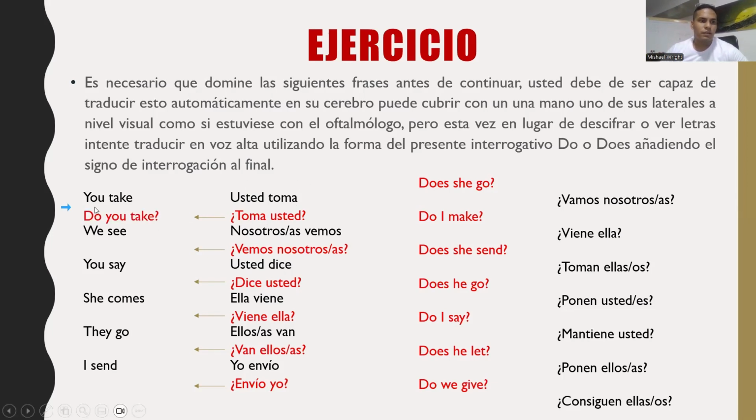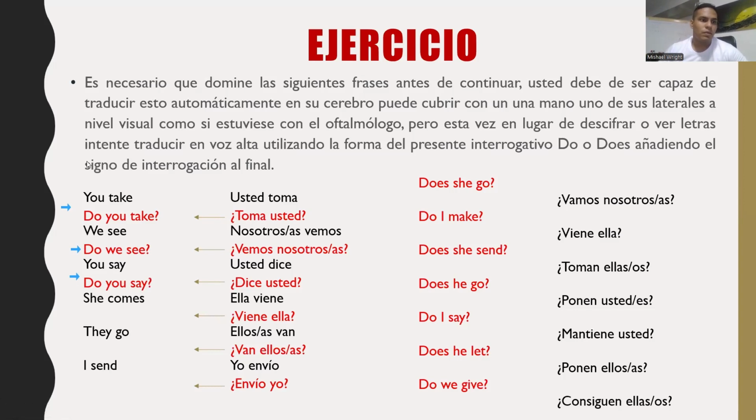So let's try with the next one. We see. How would you say this in question? Do we see? You say. How would you say this in question? Do you say?